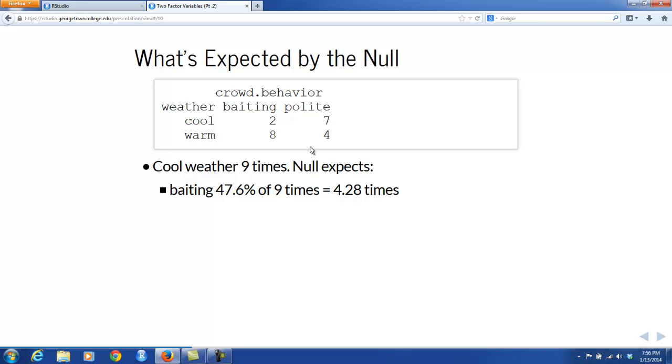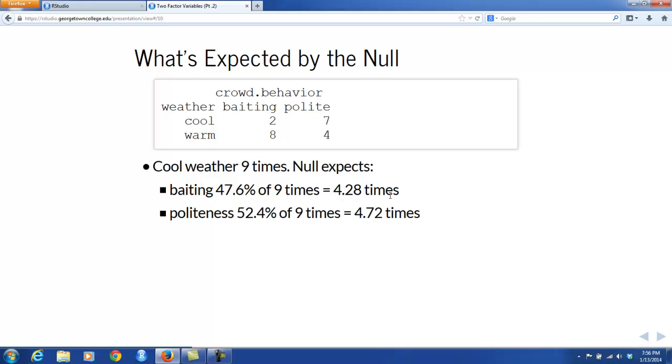So for cool weather and a baiting crowd, where we see a 2 here in the table, the null hypothesis would expect to see about 4.28, give or take some for chance variation, in the way that all those other factors, besides weather, come out.